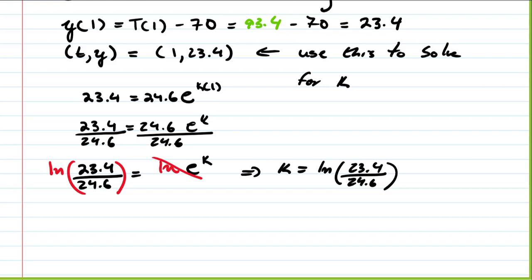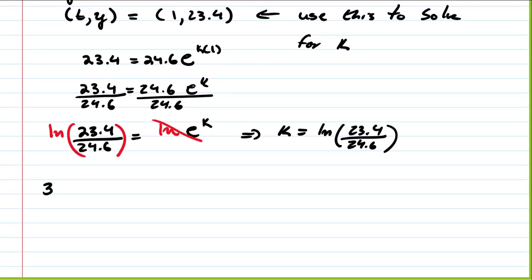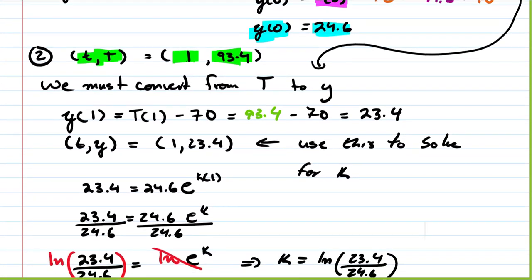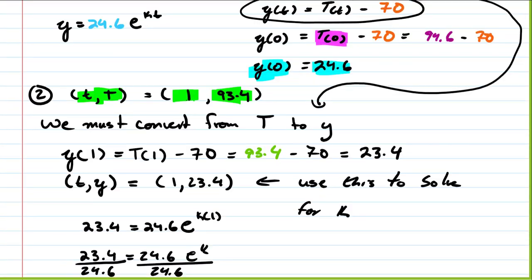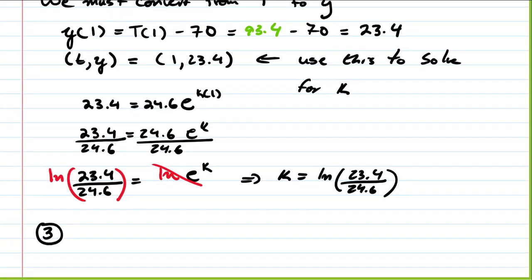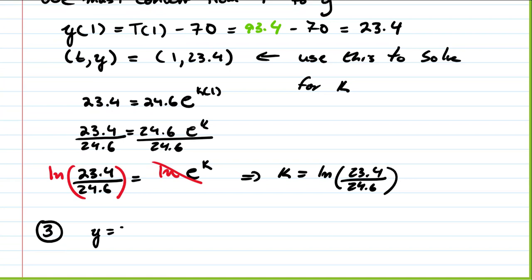So then step 3 is we substitute our k back into our original equation. So that gives us y equals 24.6 e to the k t, where k is the ln of 23.4 over 24.6.